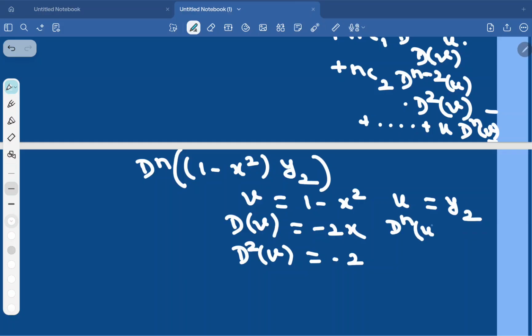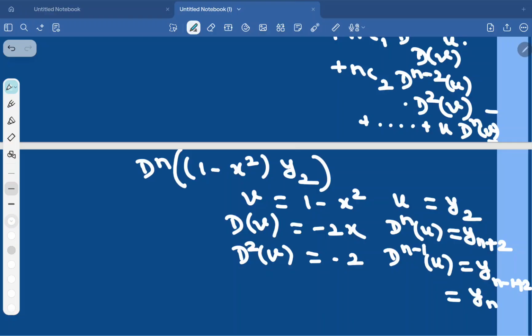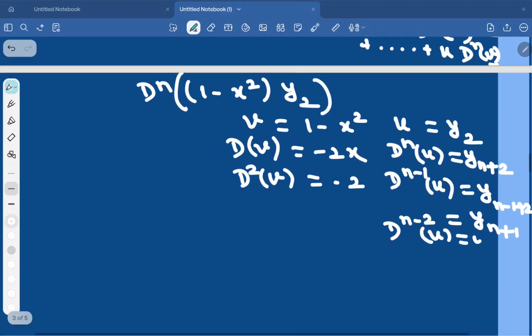D power n of u is y n plus 2, d power n minus 1 of u is y n plus 1, d power n minus 2 of u is y n, that is nothing but y n minus 2 plus 2 yn.